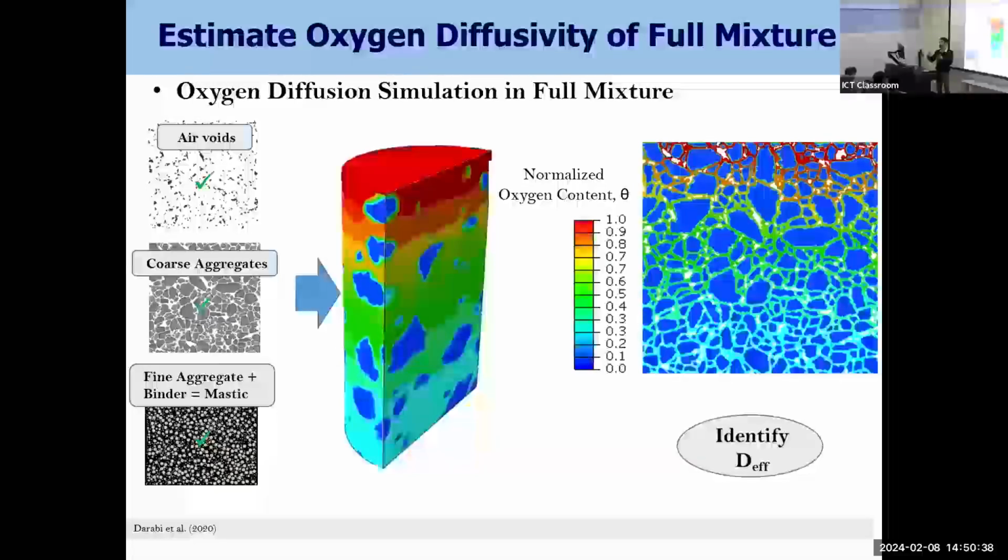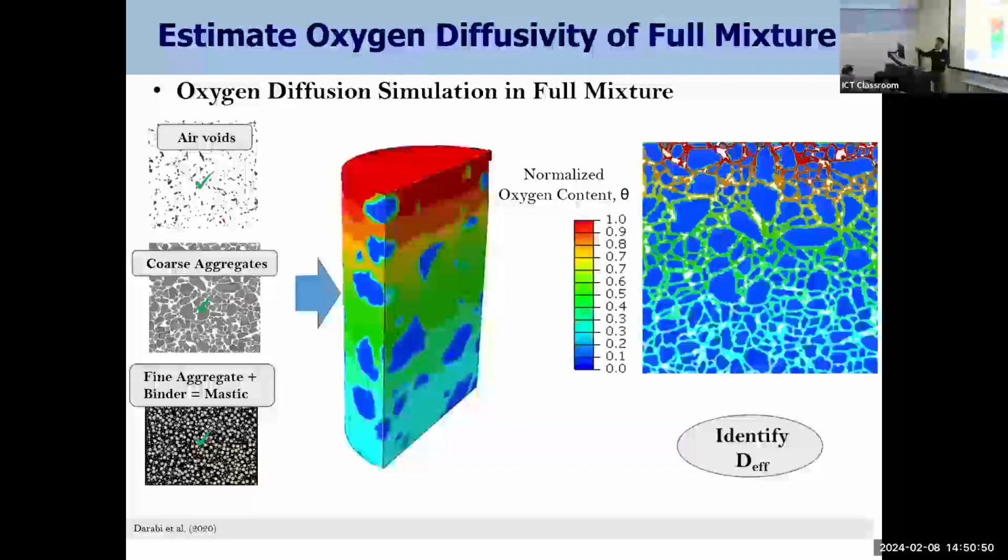But eventually, what we want to do is to just look at the model at the continuum level, at the macro scale, but use the parameters that we get by considering the microstructure from the microstructural model, just to make it faster and probably get similar results as well.